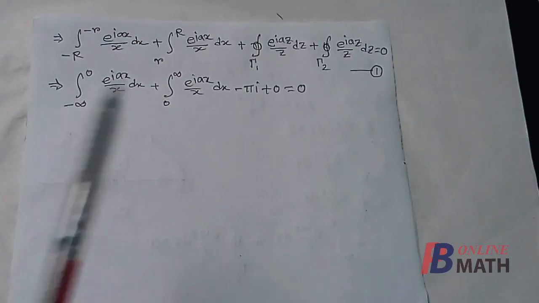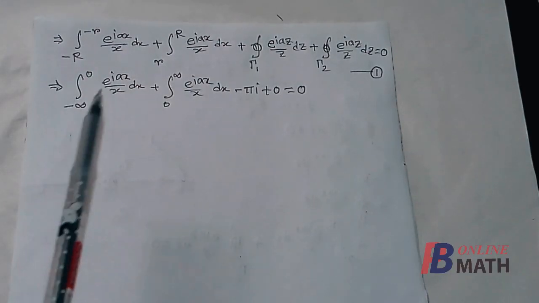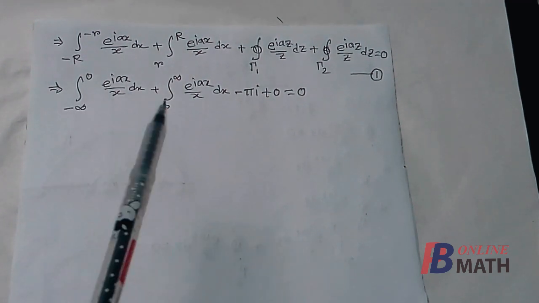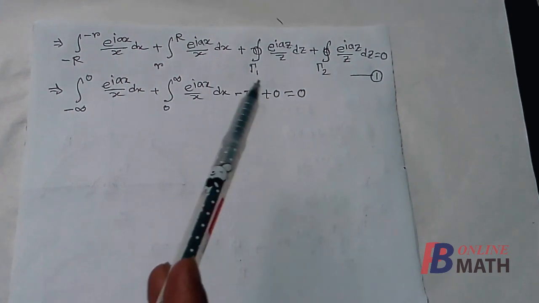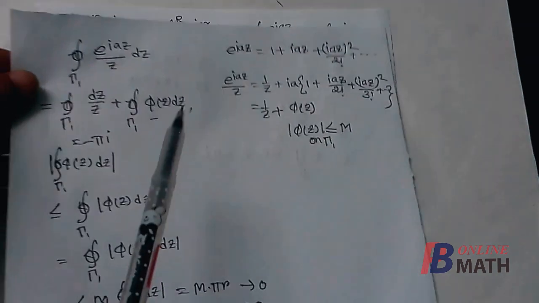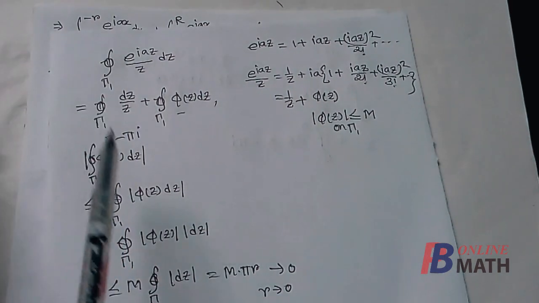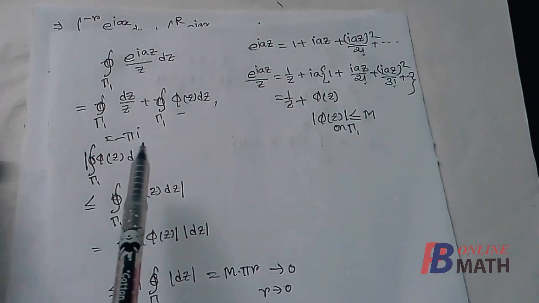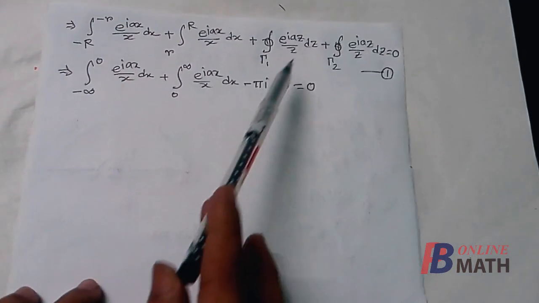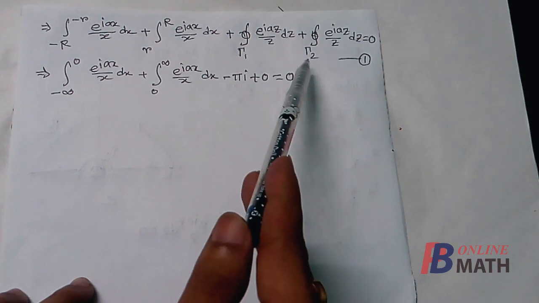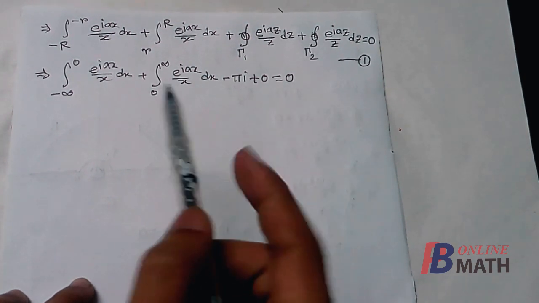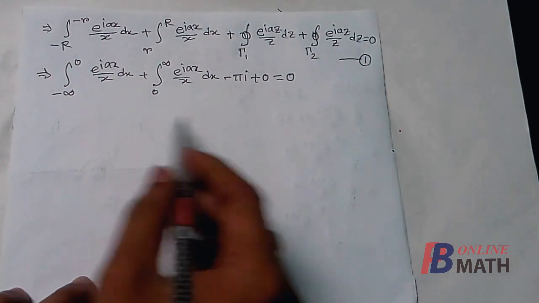Now taking capital R tends to infinity and small r tends to 0, the limits of these two integrals reduce to minus infinity to 0 and 0 to infinity. The value of this integral we have already obtained: the integral along gamma 1 is equal to minus pi i as small r tends to 0, and finally we have obtained that the integral along gamma 2 tends to 0 as capital R tends to infinity. So replacing all the values, we find this result.